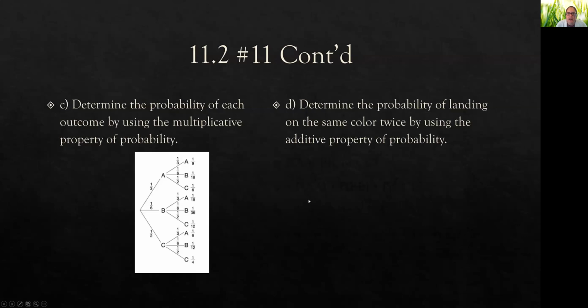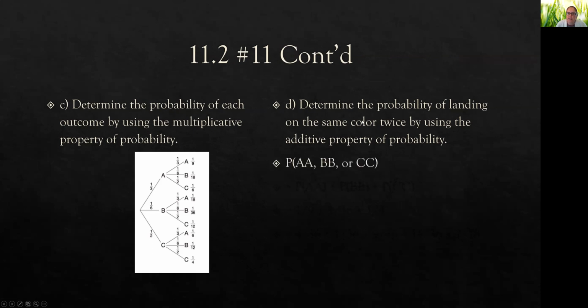Okay, and we're almost done. It says determine the probability of landing on the same color twice by using the additive property of probability. We haven't seen that yet, and I'll show that to you in just a minute.